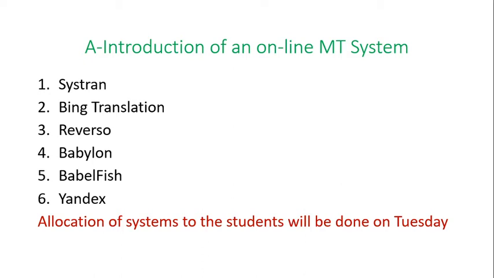In A part, an introduction of an online MT system, I have selected these 6 online MT systems: Systran, Bing Translation, Reverso, Babylon, Bubblefish and Yandex. Because there are 6 students in the class, allocation of systems to the students will be done when I come to see you people on Tuesday, inshallah.